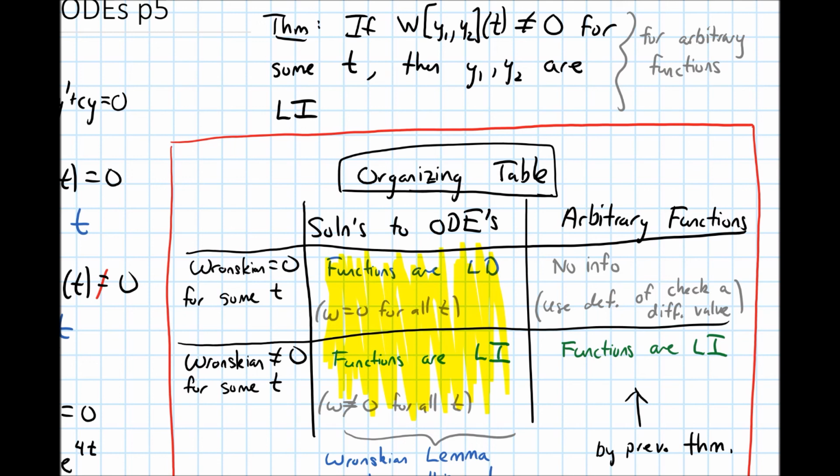And then let's also highlight this section when we're talking about arbitrary functions. When the Wronskian is not 0 for some value of t, it yields very powerful information. The only situation we have to be especially careful about is this one right here: when we have arbitrary functions, the Wronskian being 0 at some value of t doesn't give us any information.